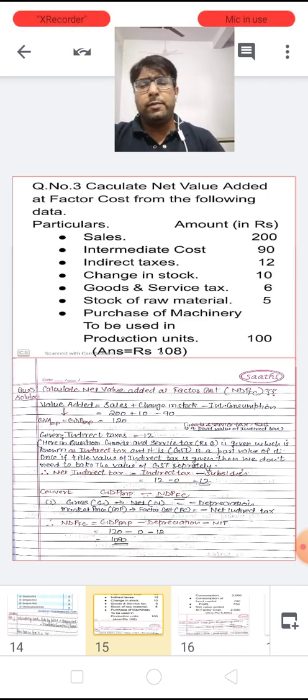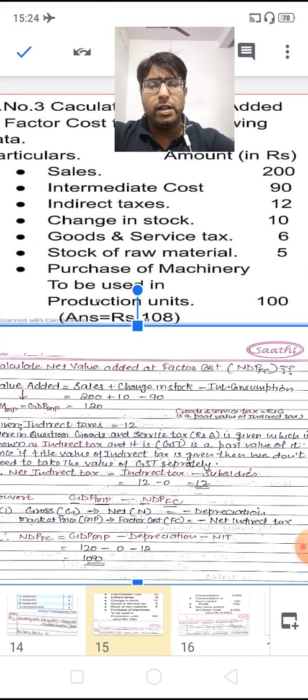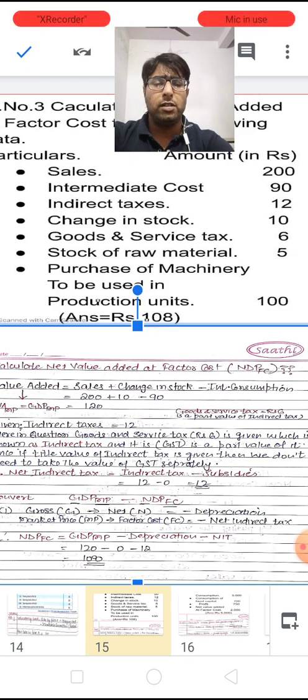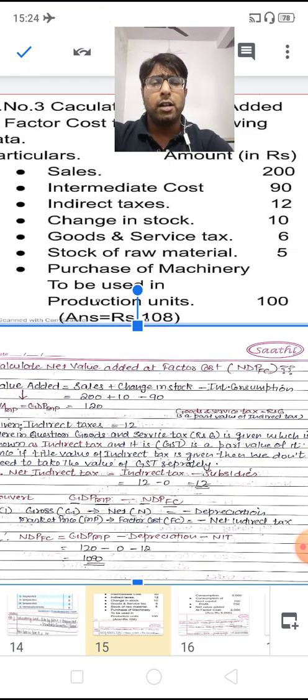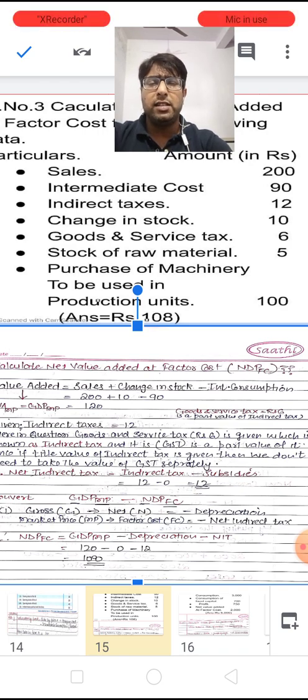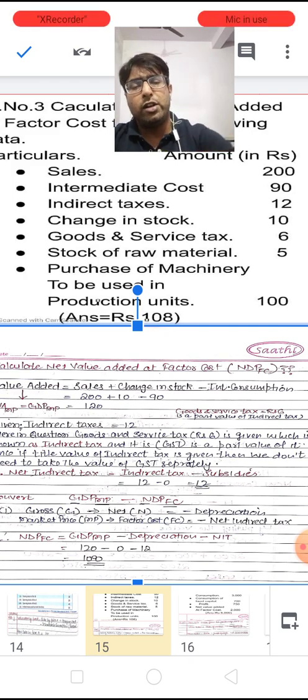So children, the formula says that value added equals sales plus change in stock minus intermediate consumption. The value of sales is given, it is 200, whereas change in stock is given as 10, minus intermediate consumption, that is 90. So 200 plus 10 minus 90 equals 120.